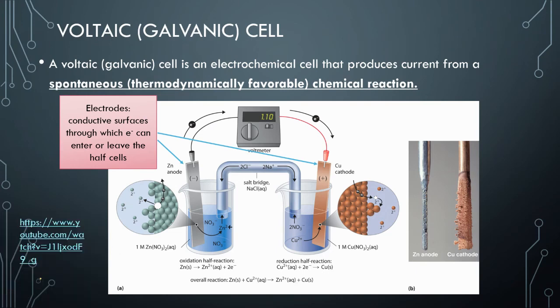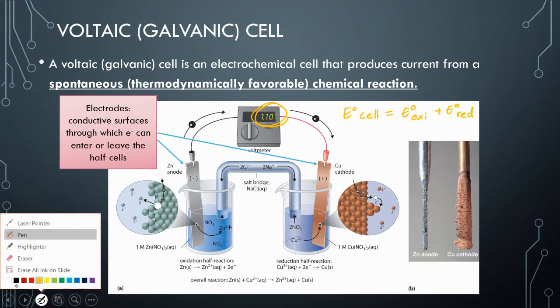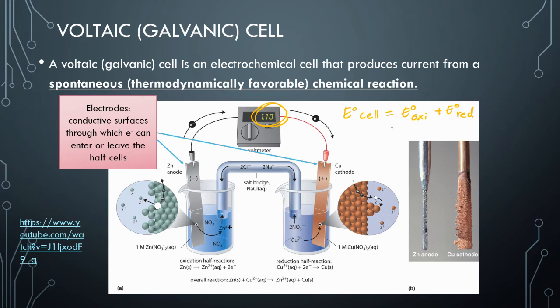So I had a voltmeter here in this picture that gave me 1.10 volts for my E cell. Okay, if E cell is equal to half cell of the oxidation plus the half cell potential for the reduction equation, let's see if we can get the 1.10.